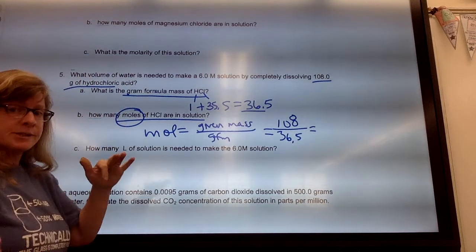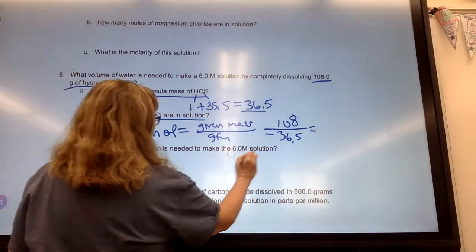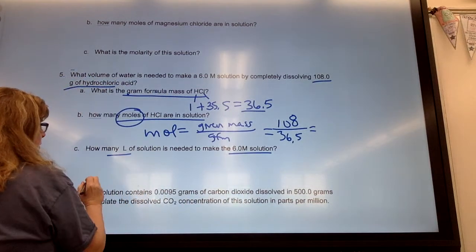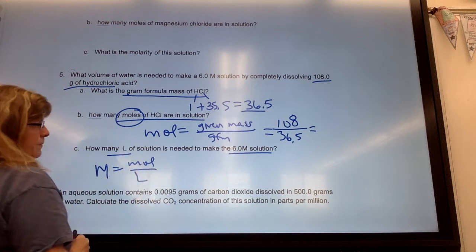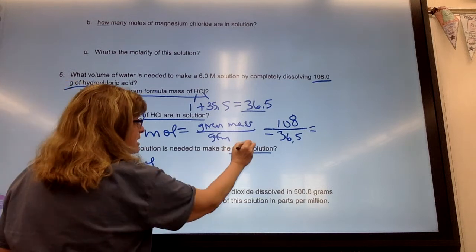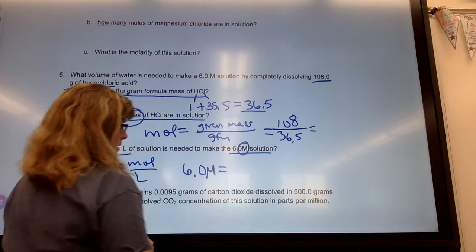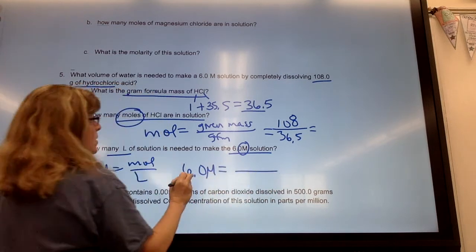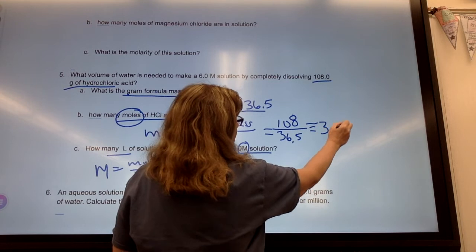How many liters? This is where people stopped using formulas. Molarity equals moles per liter. Well, we know the molarity. This is molarity, 6.0. We know the moles. Let's say the moles are approximately 3.